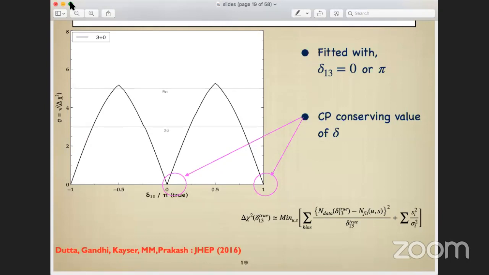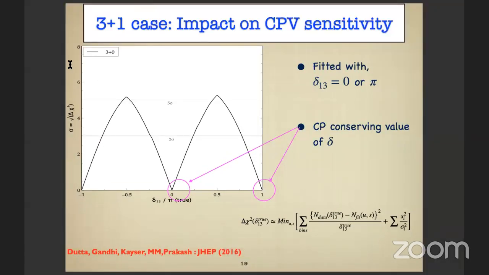Let me answer the CP question first, the slide number 19. Basically what happens here is you are fitting a data where the CP phase can have all the values along the x-axis, and your fit can have only 2 values, 0 and pi. So naturally, as one deviates away from these 0 and pi values, the CP sensitivity increases and becomes maximum around plus minus pi by 2.